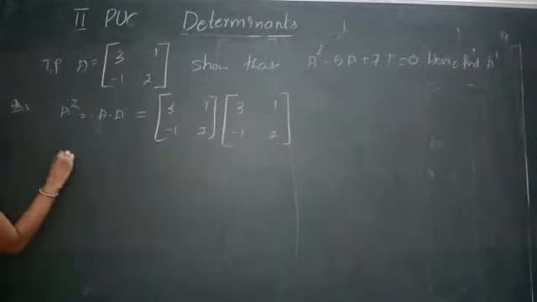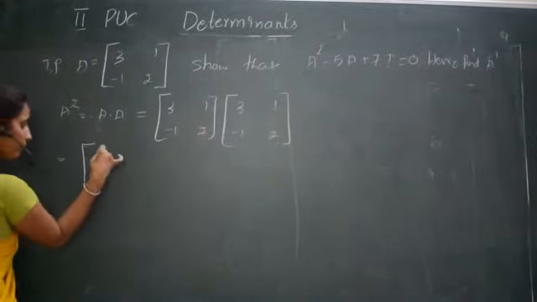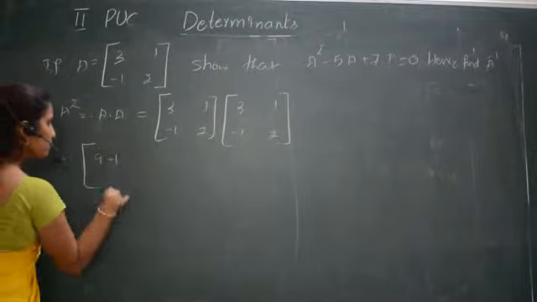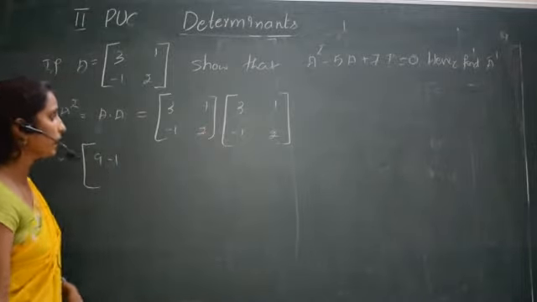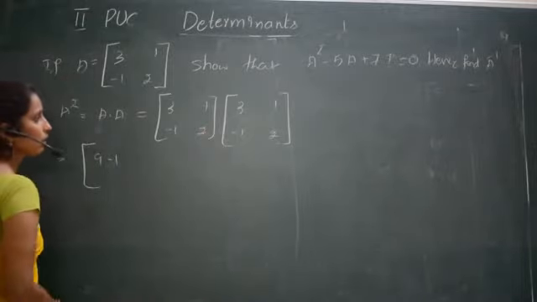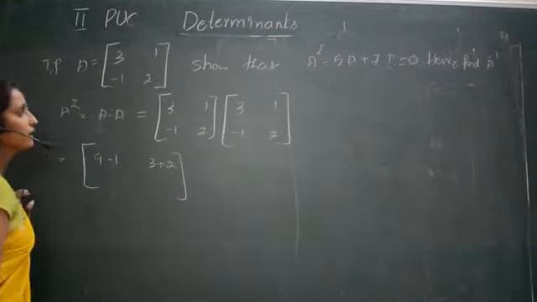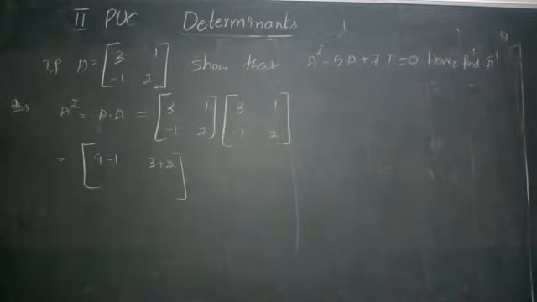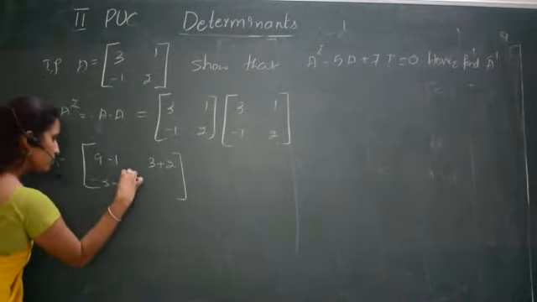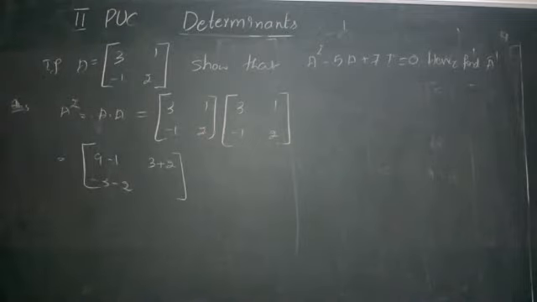So this will be equal to 9 minus 1 in the first row first column, 3 plus 2 in the first row second column, minus 3 minus 2 in the second row first column, and minus 1 plus 4 in the second row second column.